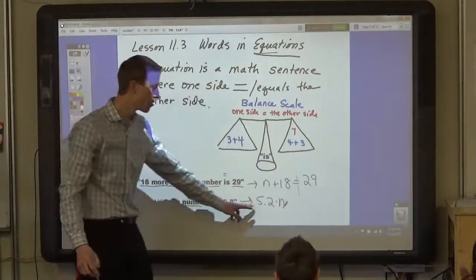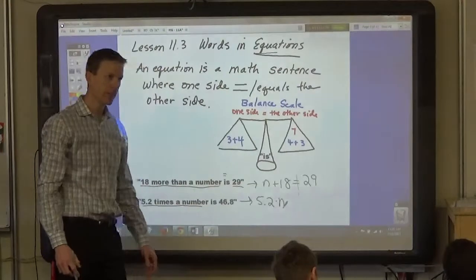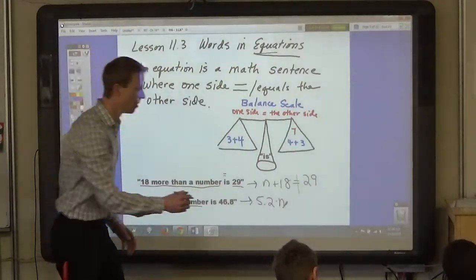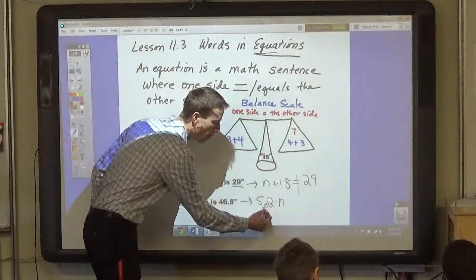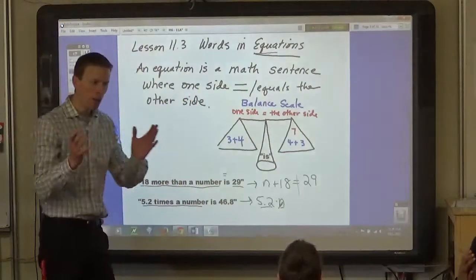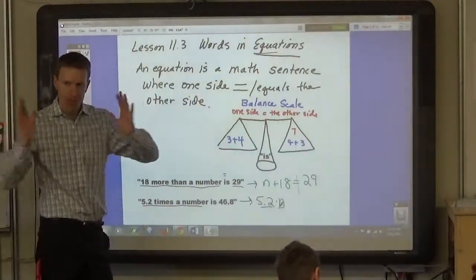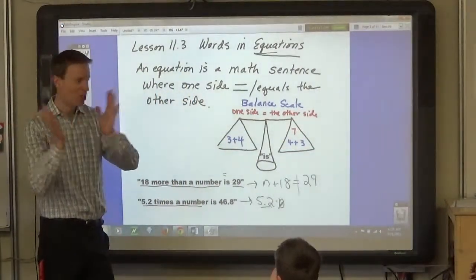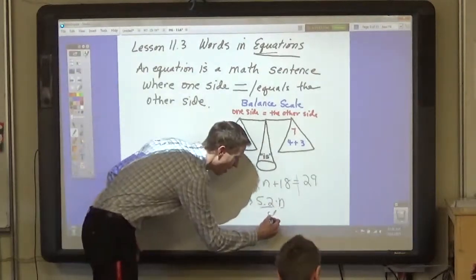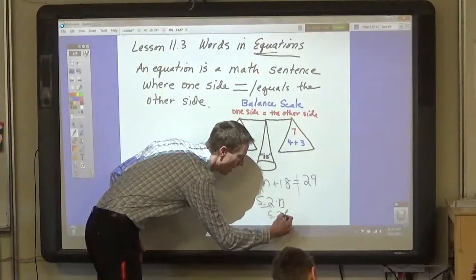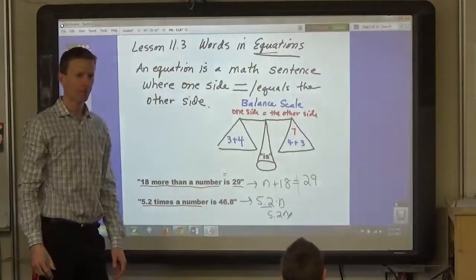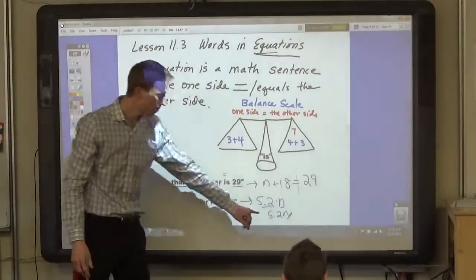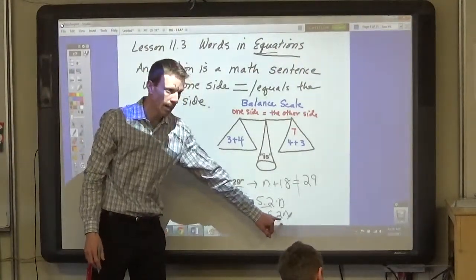And we can even make that smaller, since we have a number and a variable and they're being multiplied, we can smash them together. 5.2n. This means 5.2 times n.